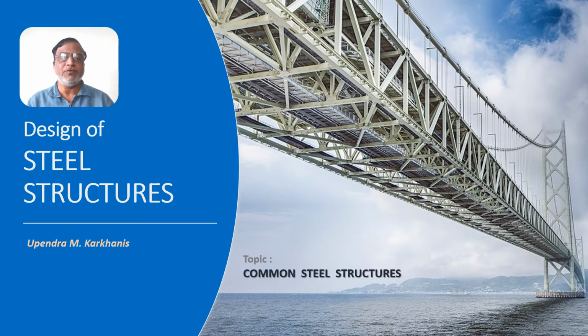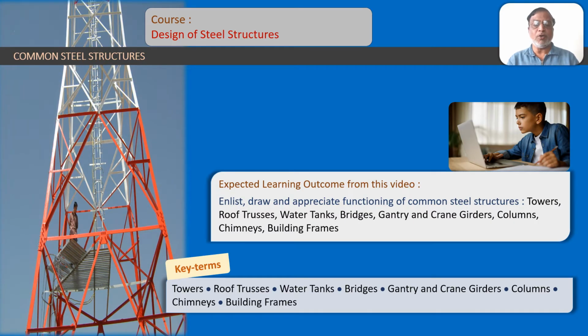The topic of this video lecture is common steel structures. The expected learning outcome from this video lecture is to enlist, draw and appreciate the functioning of common steel structures such as towers, roof trusses, water tanks, bridges, gantry and crane girders, columns, chimneys and building frames.